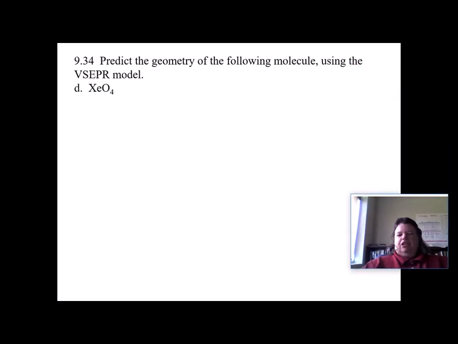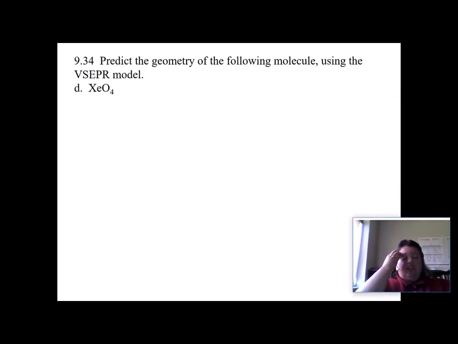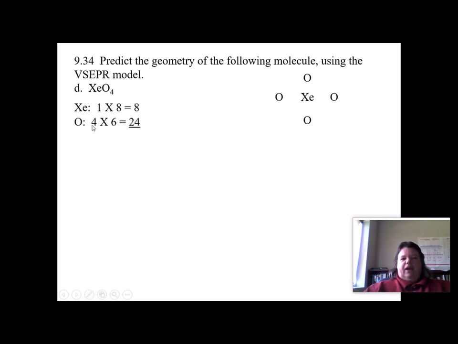All right, predict the molecular geometry of xenon tetraoxide. Doing the Lewis structure, I have xenon in the center and 4 oxygens, xenon in the center because it's leftmost here. Doing the valence electrons, xenon has 8, so 1 times 8 is 8. Oxygen, there's 4 atoms, each one 6 electrons, so that's 24.